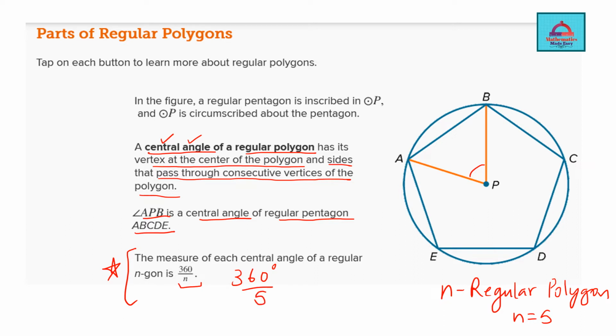I want you to think and tell me the central angle for this regular pentagon. 360 divided by 5 gives 72 degrees. So this angle APB, the central angle, is 72 degrees. Similarly, you can find the central angle for a hexagon, a heptagon, and so on.